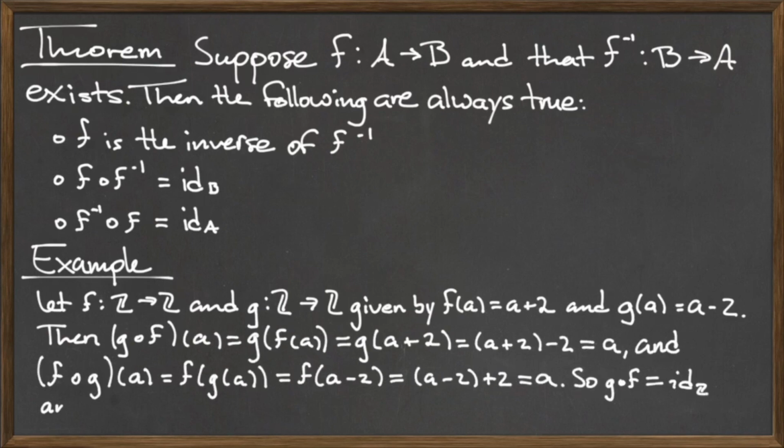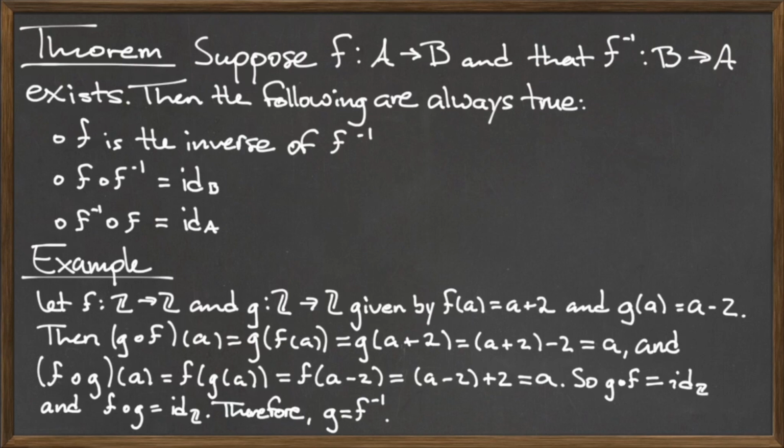Let f be a function from the integers to the integers given by f(a) = a + 2, and let g be a function from the integers to the integers given by g(a) = a - 2. By substituting the definitions and algebraic expressions for g and f, we see that the composition g compose f yields the element a.